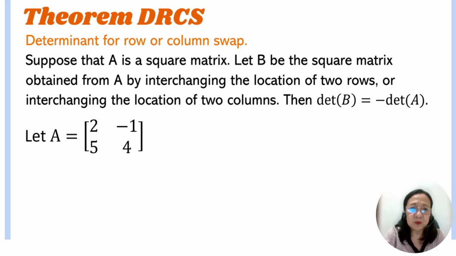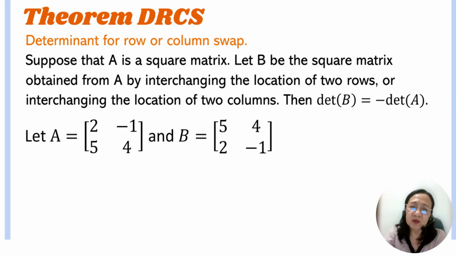So our example, determinant A, whose elements are 2, negative 1, 5, 4. Then we arrive at our determinant B, whose entries now are 5, 4, 2, negative 1.